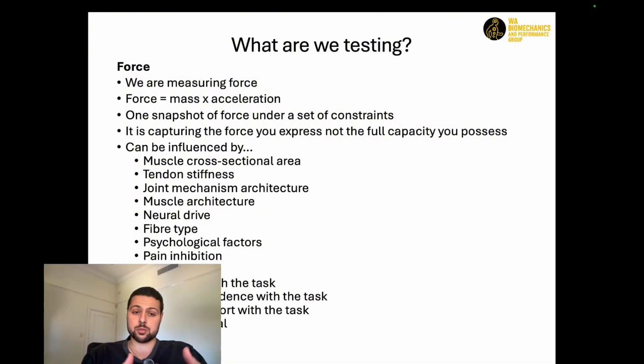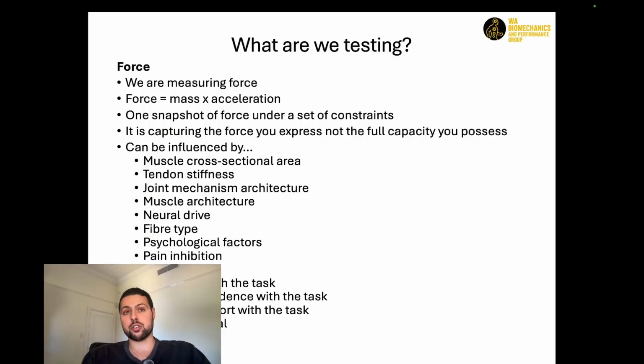And force is mass times acceleration. So we are capturing the force that you're expressing at that one snapshot in time, not the full capacity or the potential that that person possesses. The reason it's not the full potential is because that test can be influenced by so many different things.